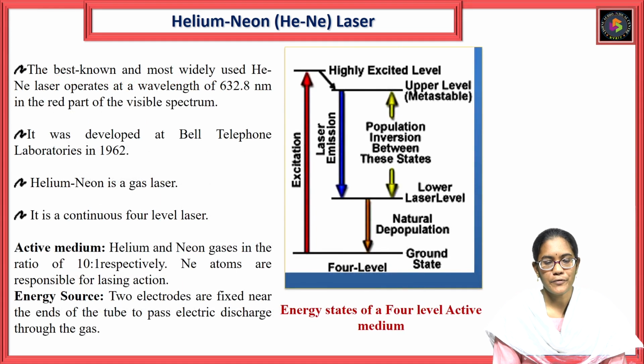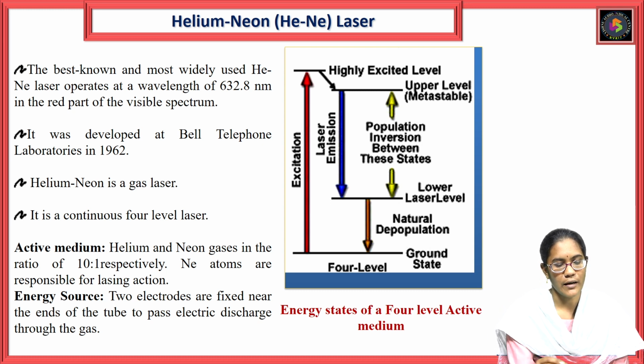Coming to the introduction, the helium neon laser is the most popular laser, and its operating lifetime is very long, up to 50,000 hours. The helium neon laser was developed in 1962 at Bell Telephone Laboratories.